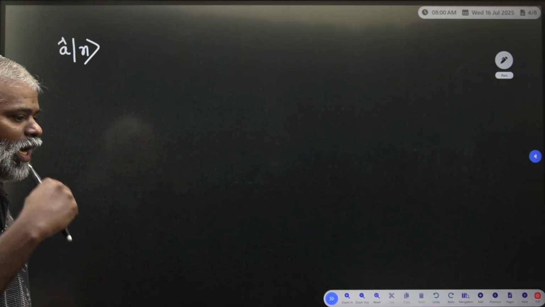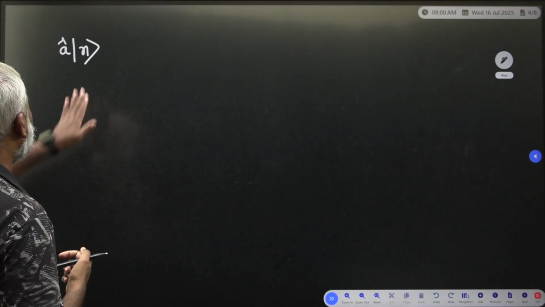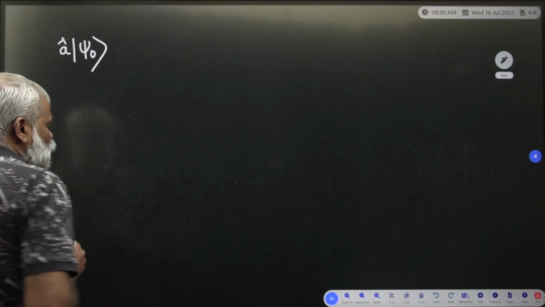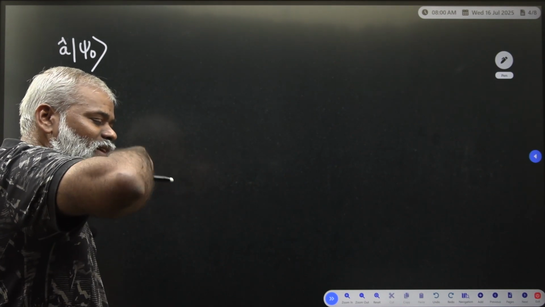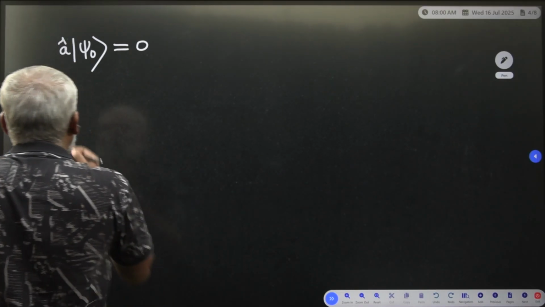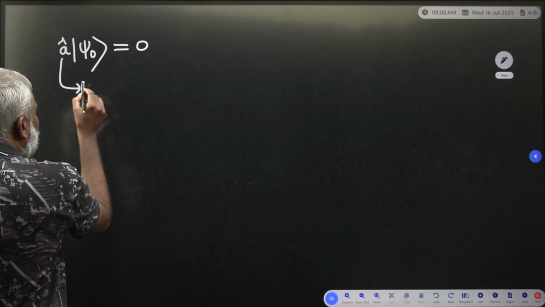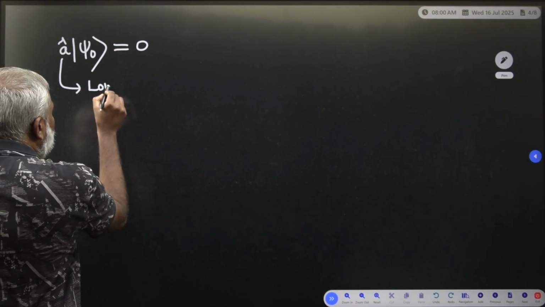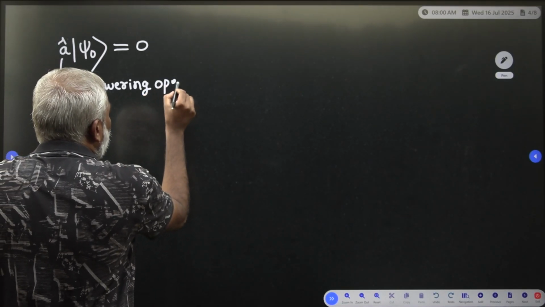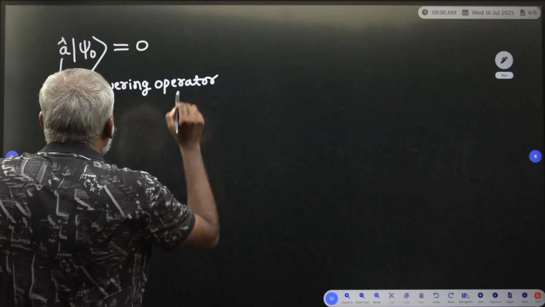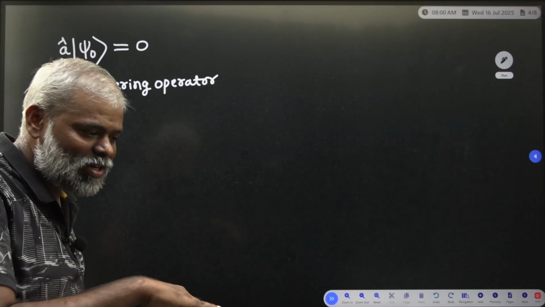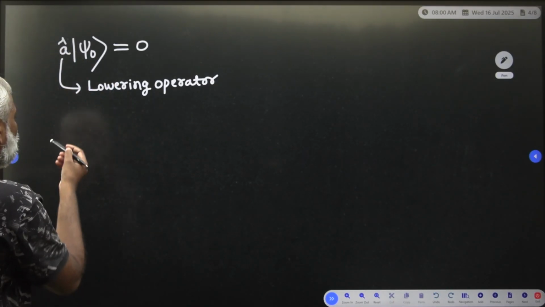That is the lowering operator, and you have to take n equal to 0, so you apply it on ket 0. 0 is the lowest state, below that state there is no state, so that is why you are going to get 0, because a is the lowering operator. Any lowering operator you have to operate on a lower state, and another lower state is not there. So, that is why it is 0.